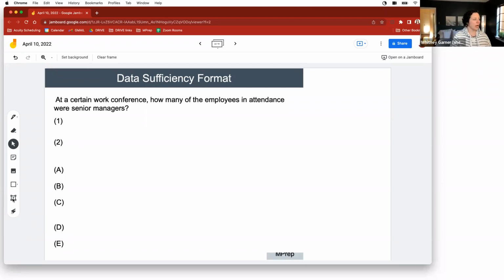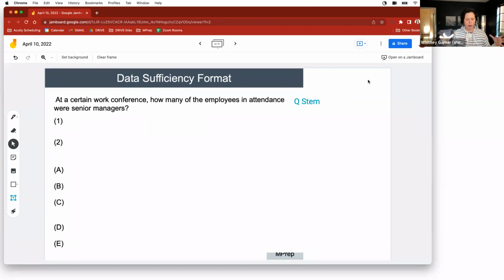Going forward, I'm just going to call this the question stem. The question stem is sometimes literally just a question, like what is x? In this case, at a work conference, how many of the employees are senior managers? Often it's just a question, but there may be some facts or additional information given in the question that we'll need to solve.